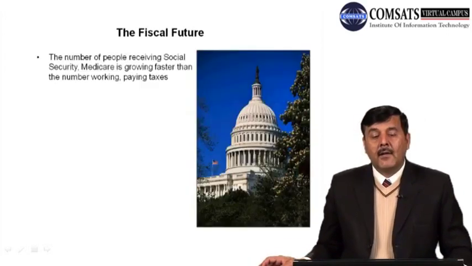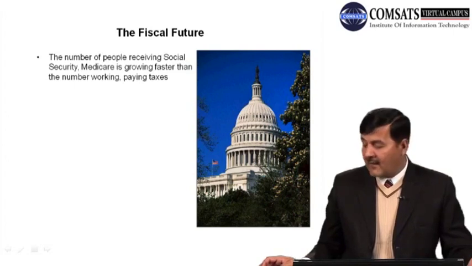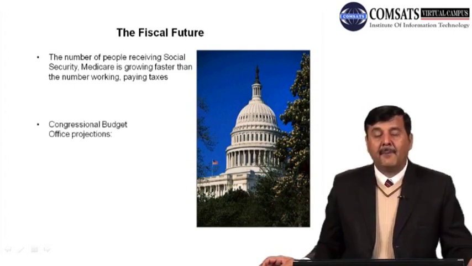Now the number of people receiving social security, उनमें इजाफा हो गया. The people who are receiving medical care, उनमें इजाफा हो गया. Then the number of working people paying taxes. So what happens?